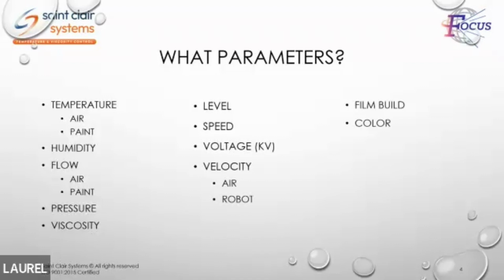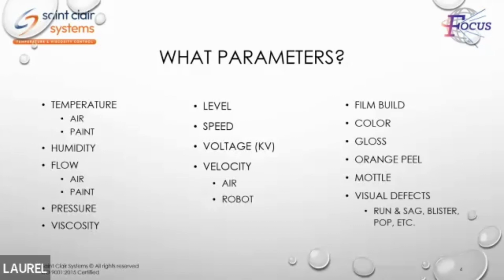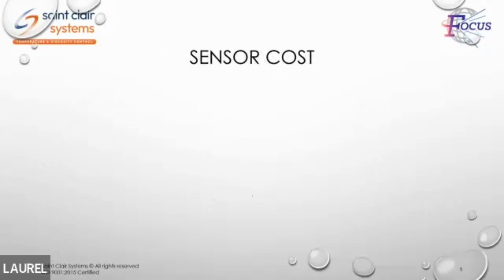Our film build, our color, our gloss, orange peel. We've talked a little bit about those. Mottle. These are all measurable parameters. There's devices out there to measure them. But then there's visual components as well. Things like run and sag, blister, pop, etc. Now, there are vision systems that can do this. We'll talk about the complexity of those in a little bit.